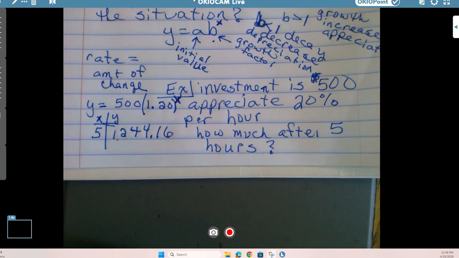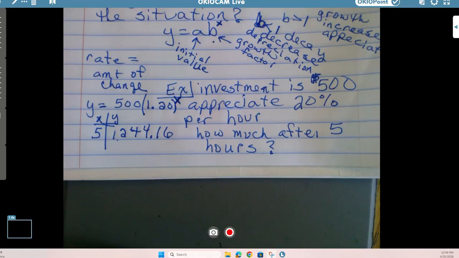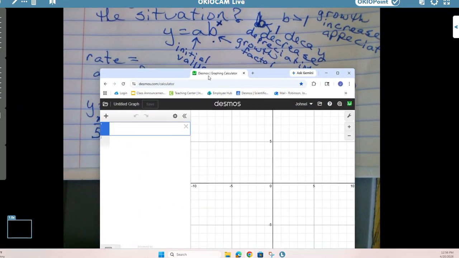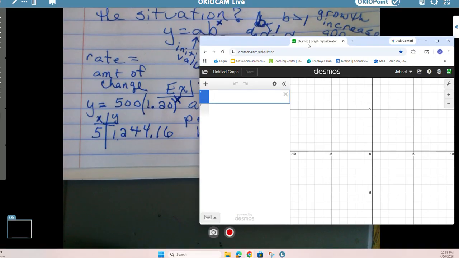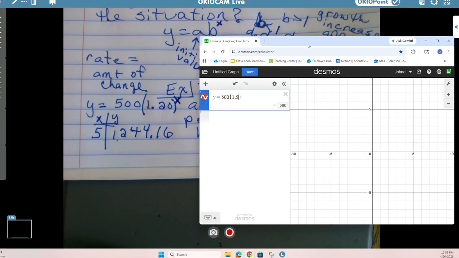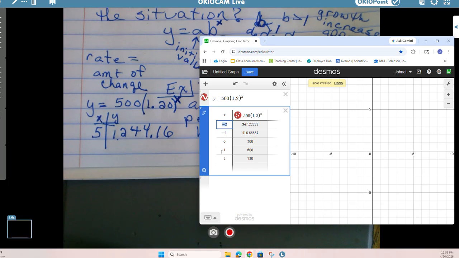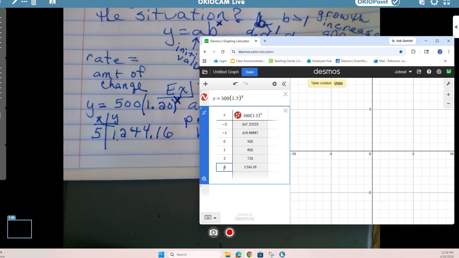So make sure y equals 500, 1.2 raised to the x. Then you press settings, table, and key in 5. And like she said, 1244.16.